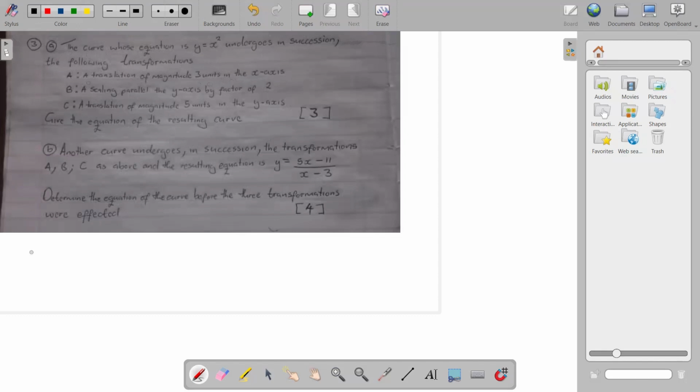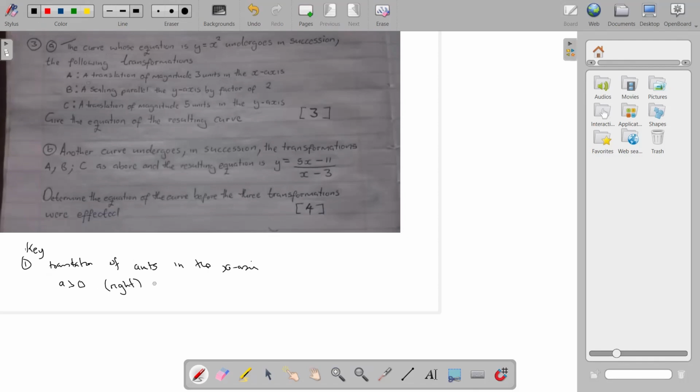So what you have to understand, these are the key notes that we have to take note of. 1. If there is a translation of a units in the x-axis, you have to take note that if that a is positive, meaning to say if that a is greater than 0, it therefore means that our graph is shifting to the right.